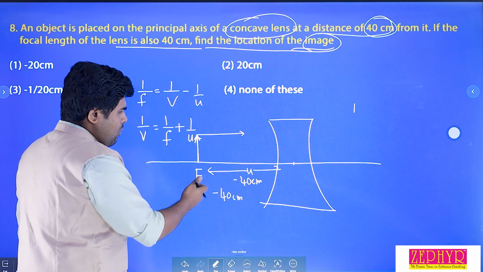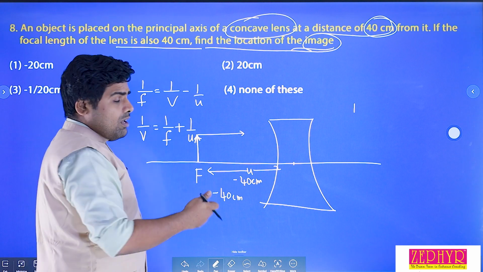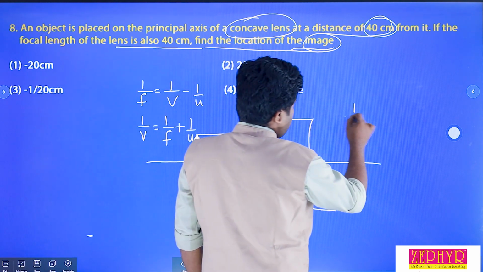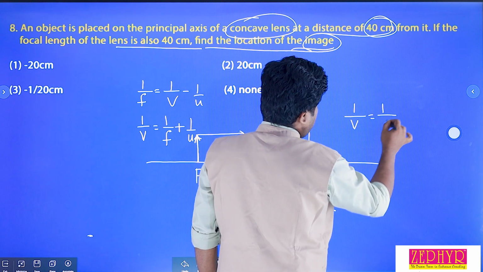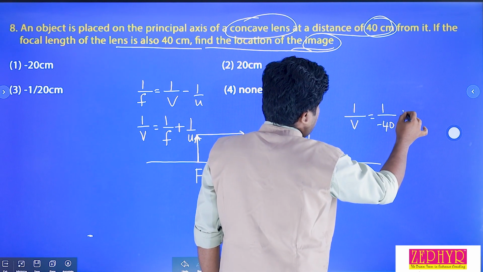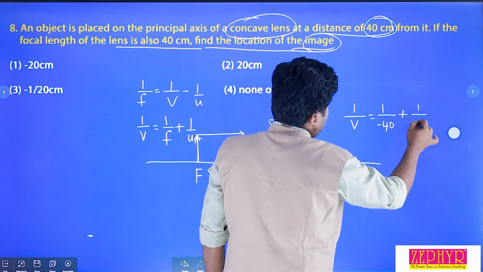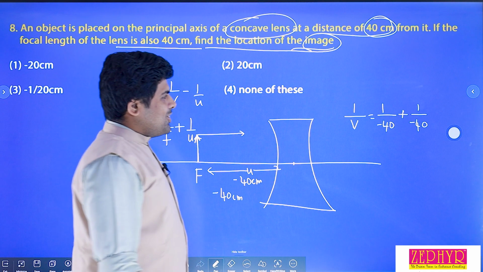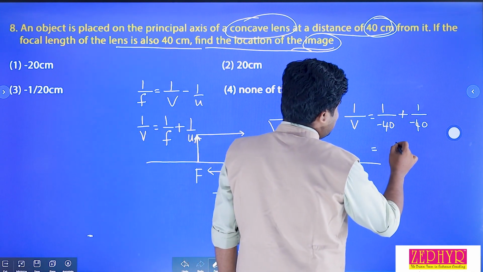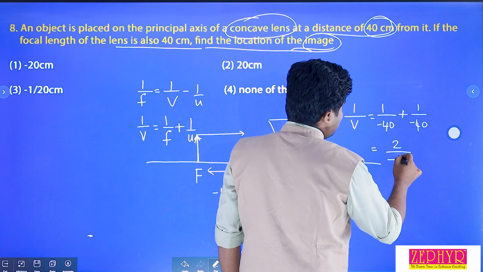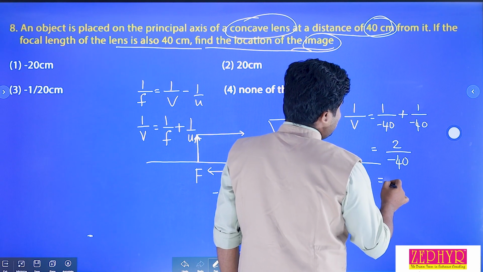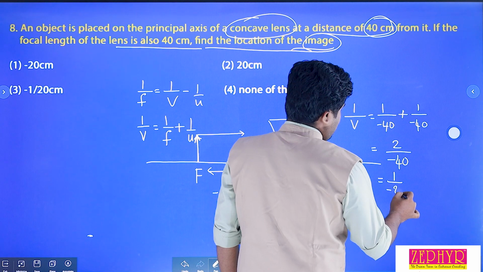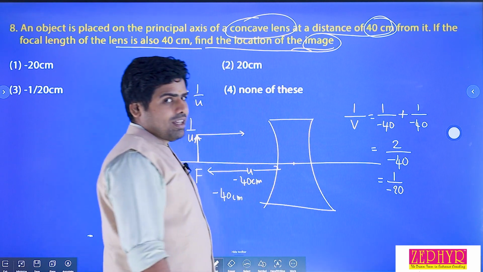See here we know the value of focal length and we know the value of object distance, right? So I substitute those values here. 1 by v is equal to 1 by minus 40 plus 1 by minus 40. So the answer, that is 2 by minus 40, is equal to 1 by minus 20.